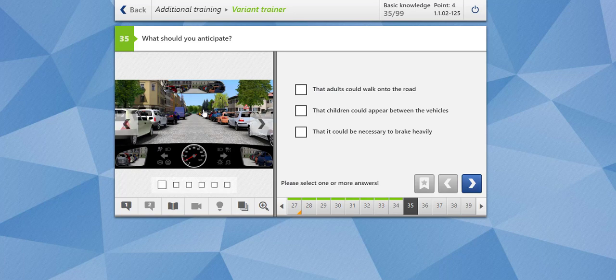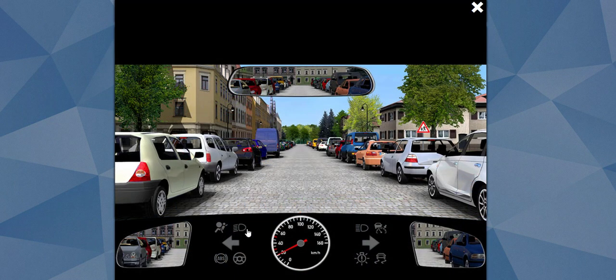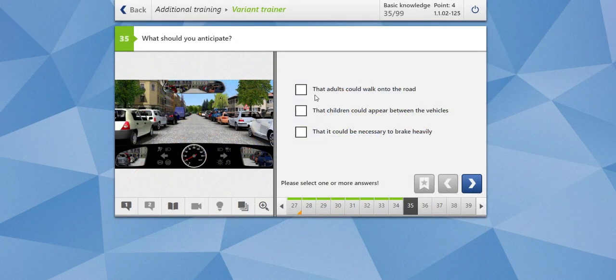What should you anticipate? So if we look here, there are cars parked on the left hand side and on the right hand side, and then there is a sign which shows that there could be kids or children around. And we are moving at 20 km per hour. So let's look at the options. The adults could walk onto the road. Yes, because the cars are parked on both the sides.